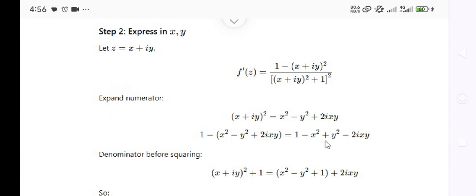We now go to our denominator. So this is our denominator. We are going to first of all do the addition. That's adding this to 1. After we have expanded this, so we did it before, we now add it to 1. So you see that it will give us this.